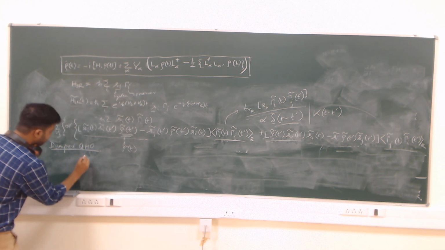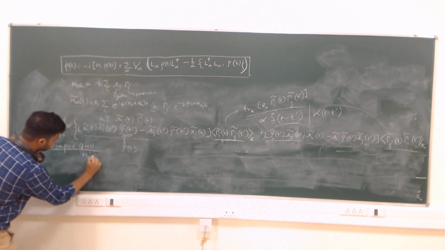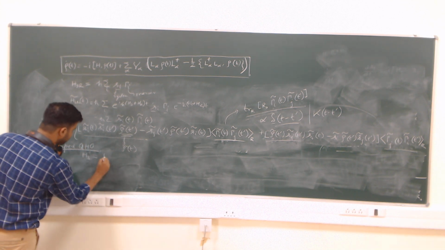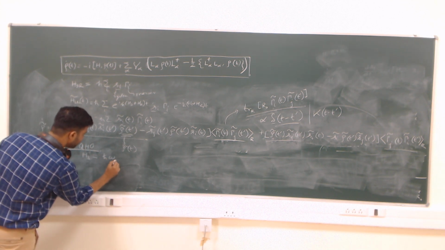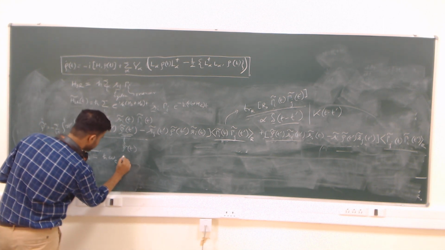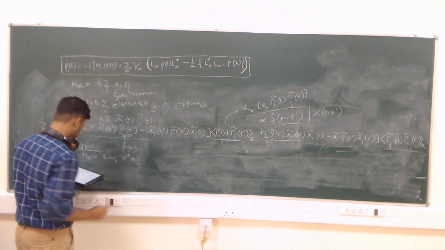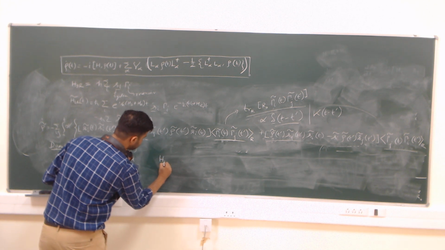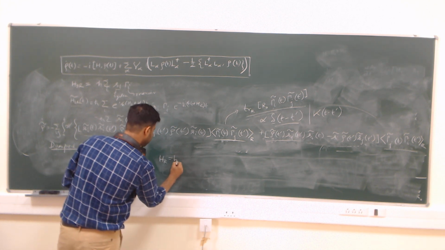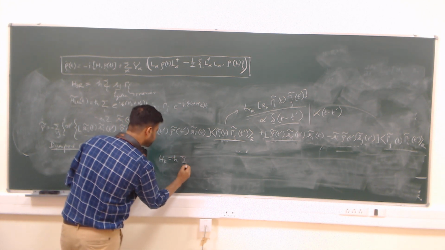Let's say in this example, what we will do is we will consider the system Hamiltonian to consist of just one harmonic oscillator of frequency omega_c, and the reservoir Hamiltonian in this form.